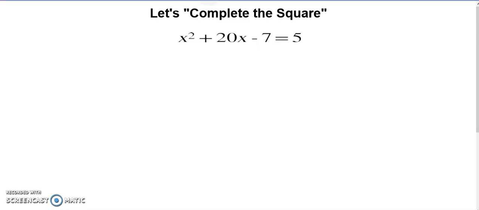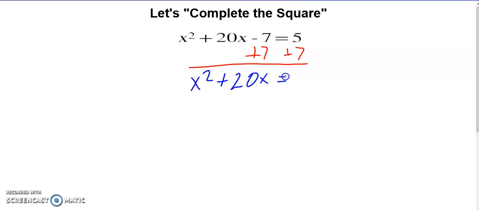Alrighty, let's complete this square. First step is I want the x squared and the 20x on the left side, and I need all the numbers on the right side. To do that, I am going to add 7 to both sides. That's going to give me x squared plus 20x equals 12. Now we're going to take b, the number in front of x, which is 20.